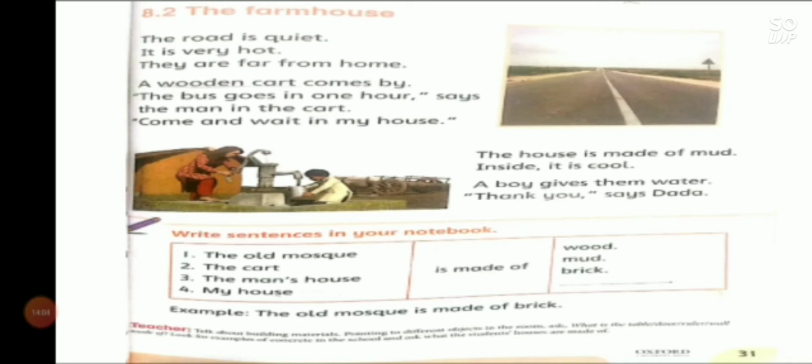Now one purpose of building houses with mud is to keep them cool. You know, the mud absorbs the heat and it keeps the inner side of the house cool. It keeps the room cool. And in villages, most of the houses are very airy and open.